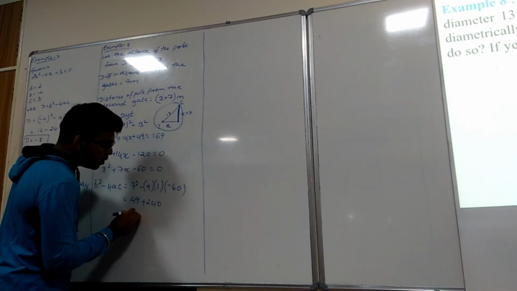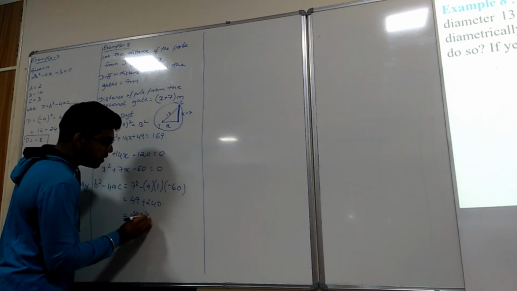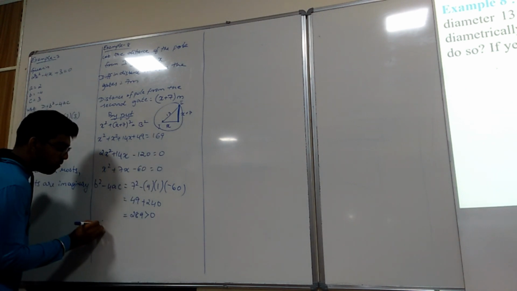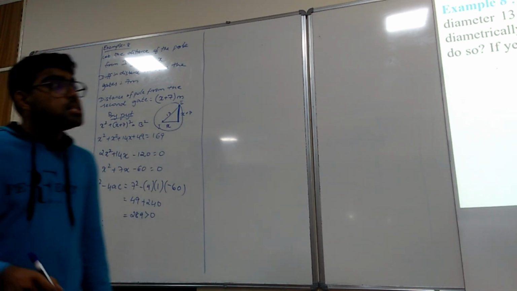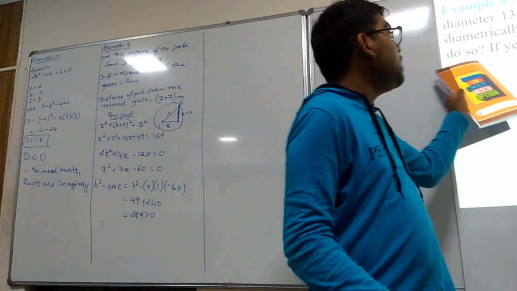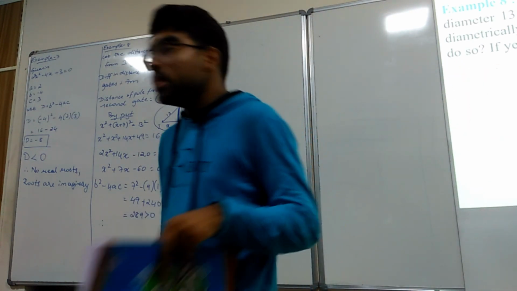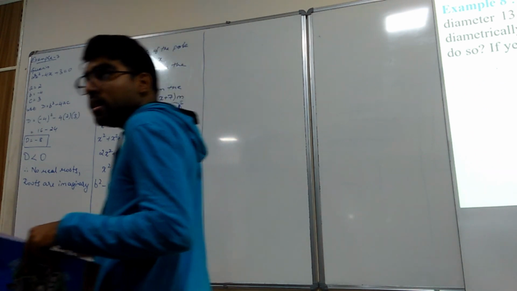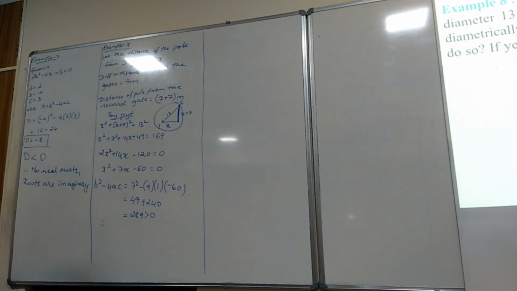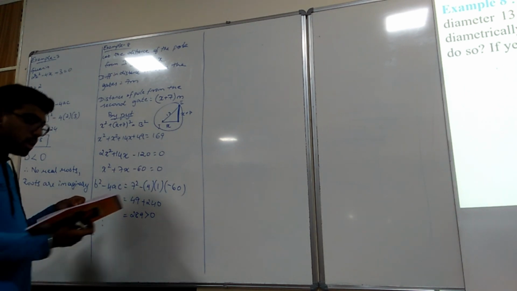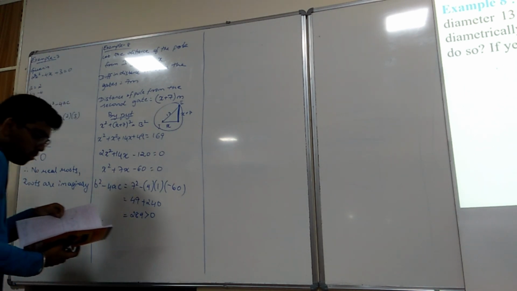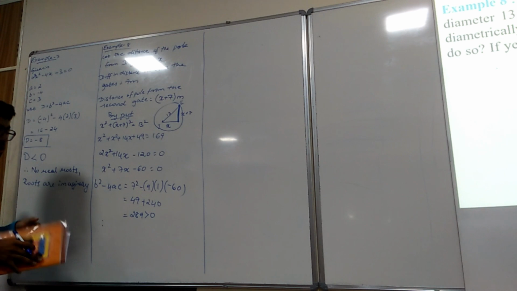What is the sum? 289, which is greater than 0. Therefore, what have we been asked? Is it possible to do so? Yes, the roots are real. So it is possible. The quadratic equation has two real roots, so it is possible to erect a pole.